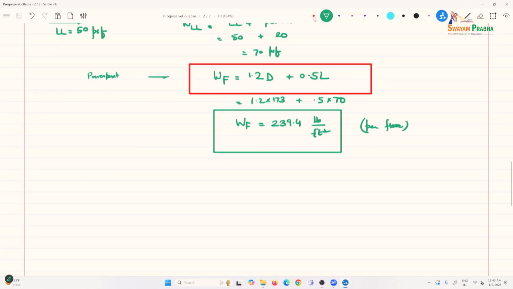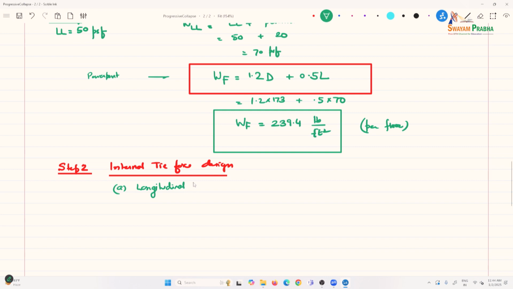Now, we will start the tie design. We start with our internal tie force, and two categories, longitudinal ties, again these are internal.